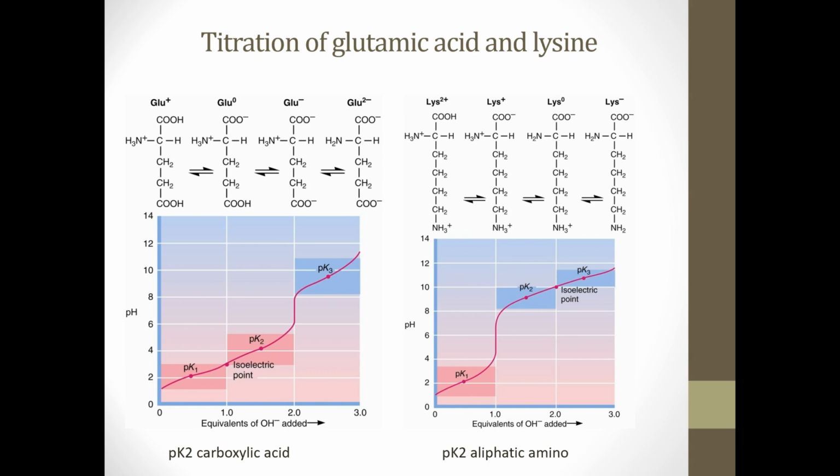Let me see if I have room to draw here. I don't think I can tuck it in. I think I can explain it off the figure. So we have a situation where we have glutamic acid, which will have a positive charge, be neutral, a negative charge, and two negative charges.